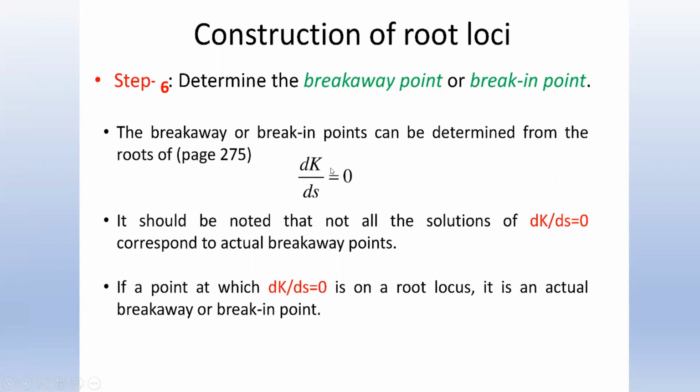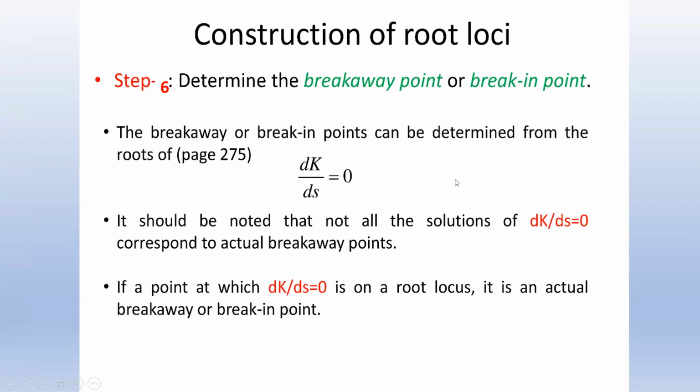So we have the characteristic equation as 1 plus k times g is equal to 0. If we move that plus 1 to this side, then we have k into g is equal to minus 1.